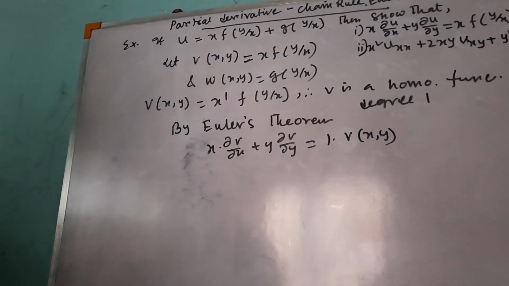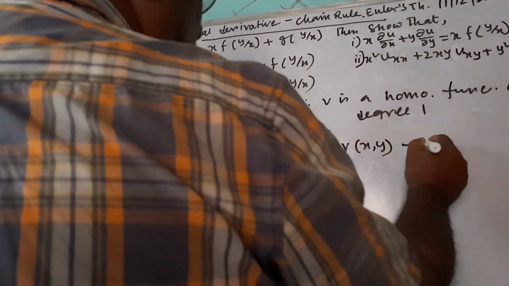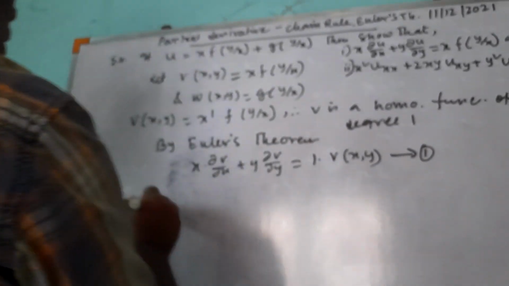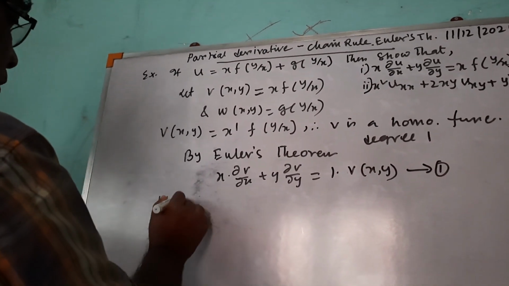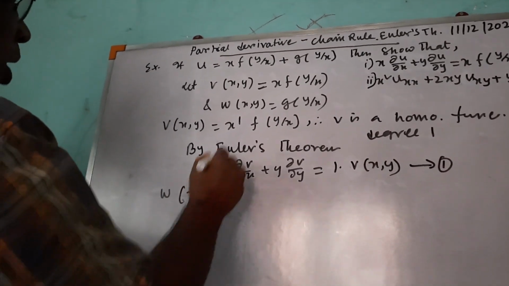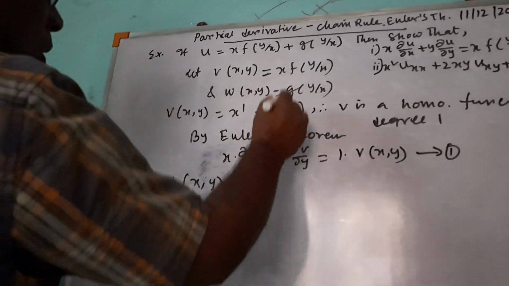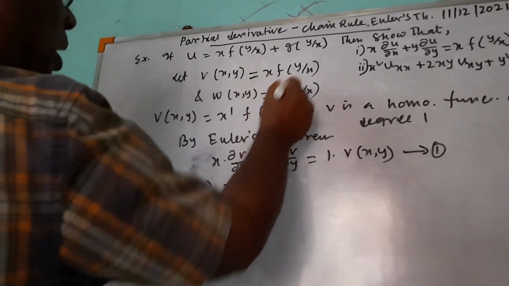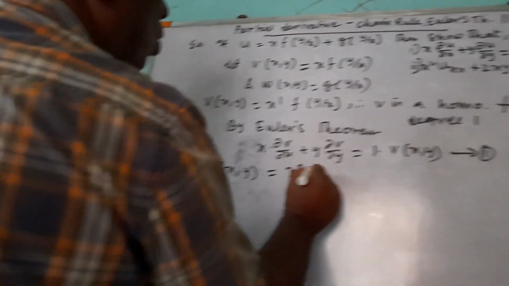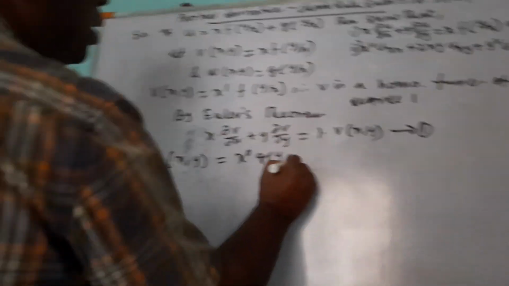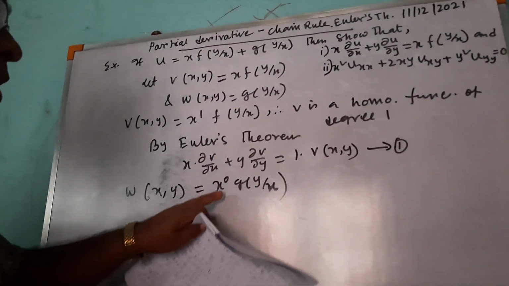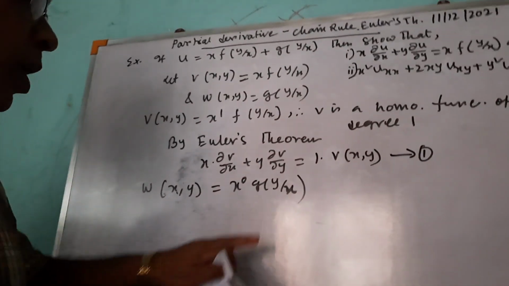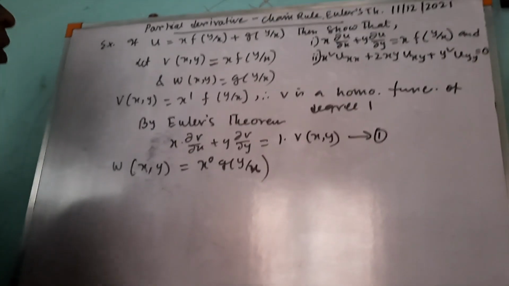This is equation 1. Again, W(x,y) equals g(y/x). This can be written as x to the power 0 times g(y/x).